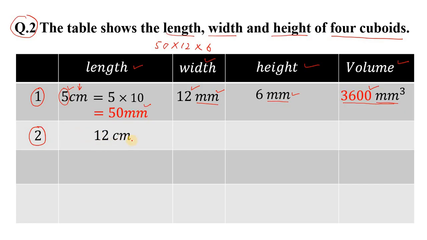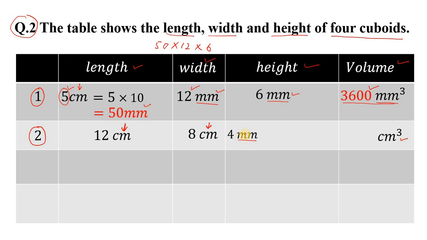Length is 12 centimeter, width is 8 centimeter, and height is 4 millimeter, and the required volume is in centimeter cube. So length and width are in centimeter, but height is in millimeter.